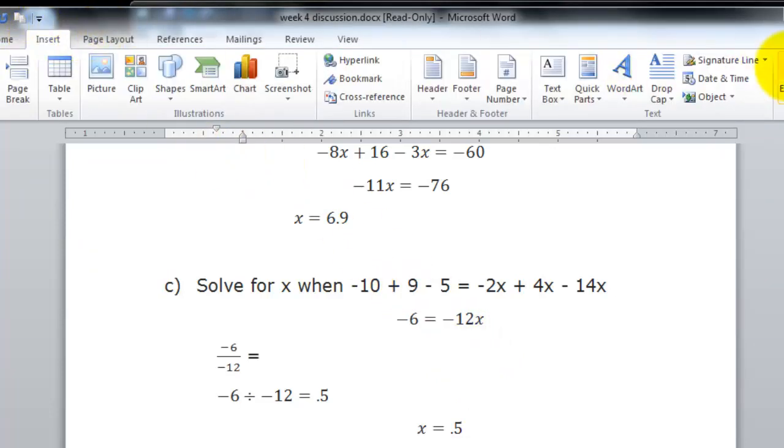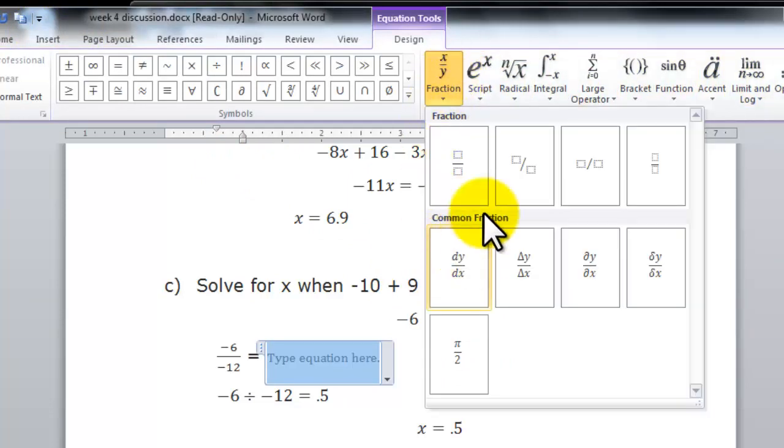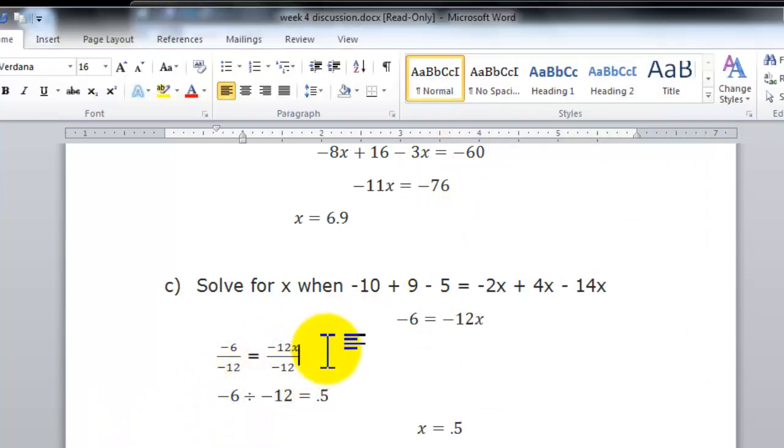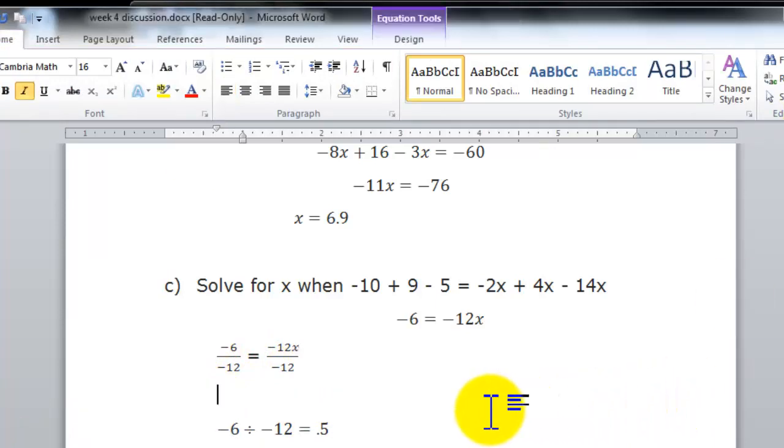Anyway, then you do it again, insert the fraction, and that's a negative 12x over the negative 12. It just looks prettier all the way around. The next step is showing the final division.